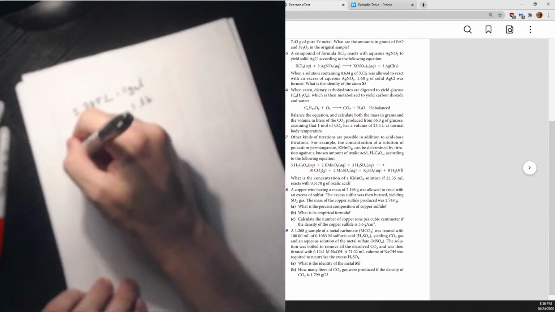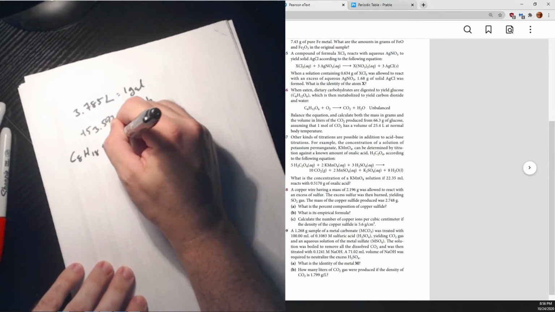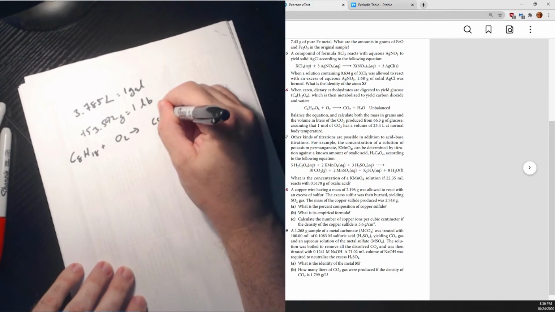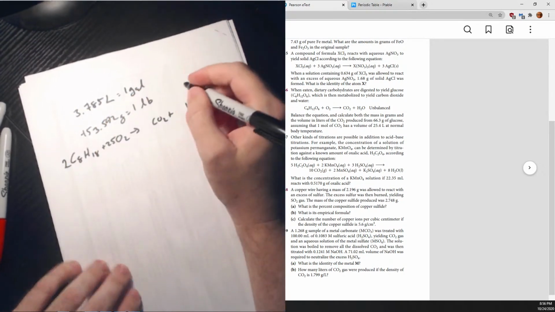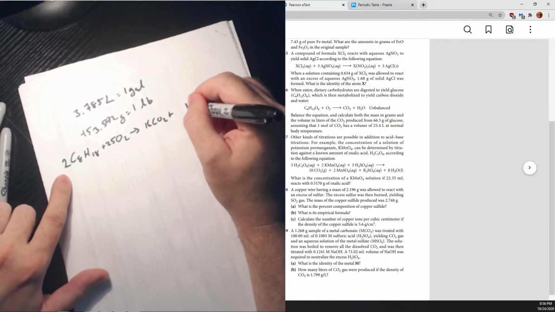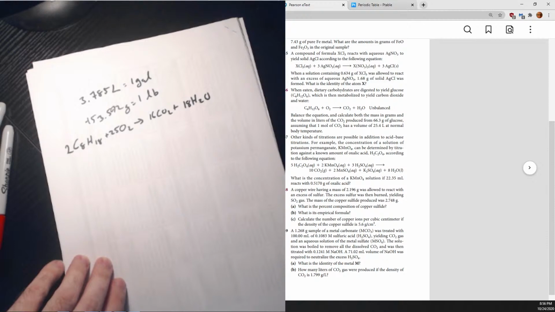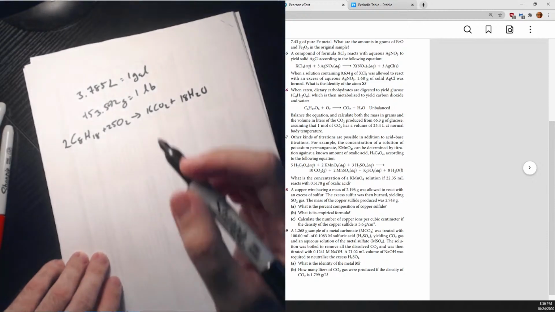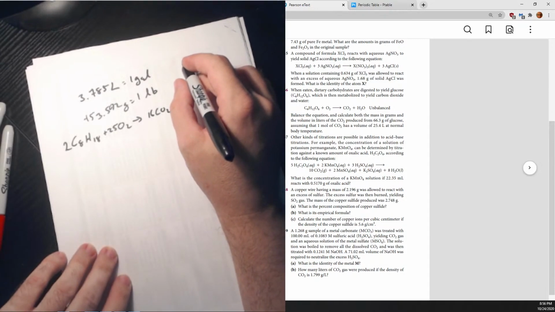All right, we're going to need a balanced equation. C8H18 plus O2 yields CO2 plus H2O. 25, 16, 18. Yes, I kind of have that memorized. All right. So 3.785 liters times grams per mil.